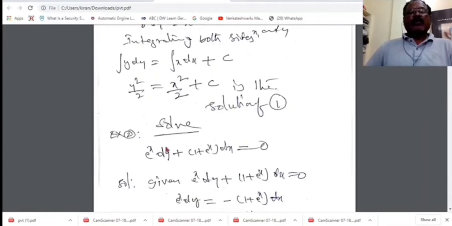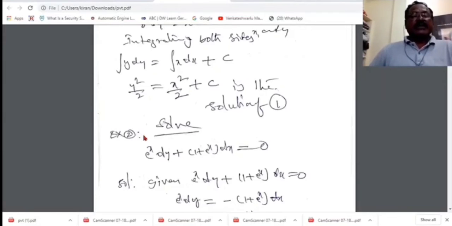Now, one more example on the variable separable method: solve e power x into dy plus 1 plus e power x into dx is equal to 0. This is also a first order first degree differential equation. Now, solution: given e power x dy plus 1 plus e power x dx is equal to 0.